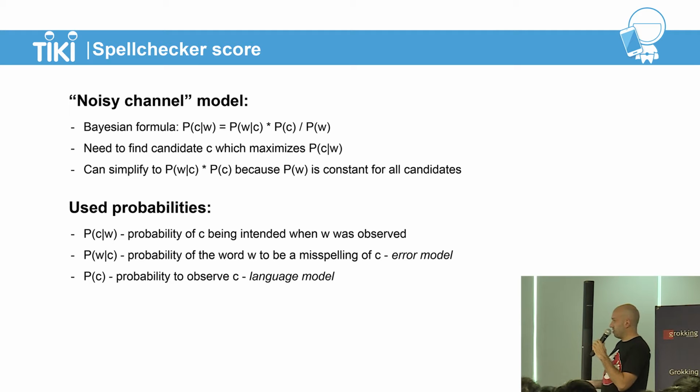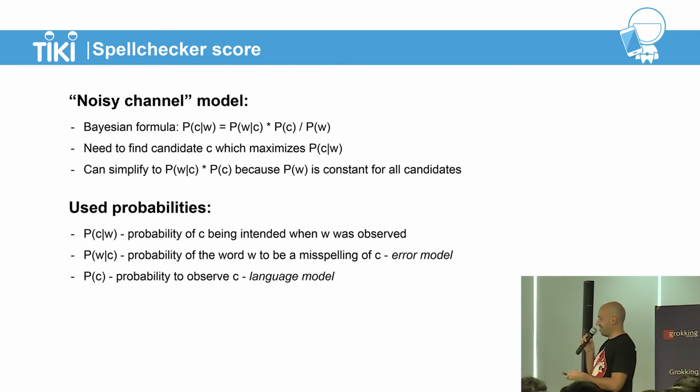We call it the language model. We will also explain later how we build this language model to calculate this probability. And P(W) from the Bayesian formula is just a constant for every candidate C, so we can just ignore it. So basically, we just need to maximize this multiplication because P(W) is a constant for all candidates C. This is easy to understand, right?